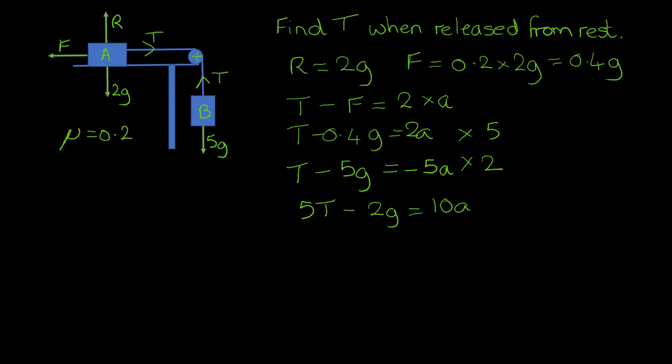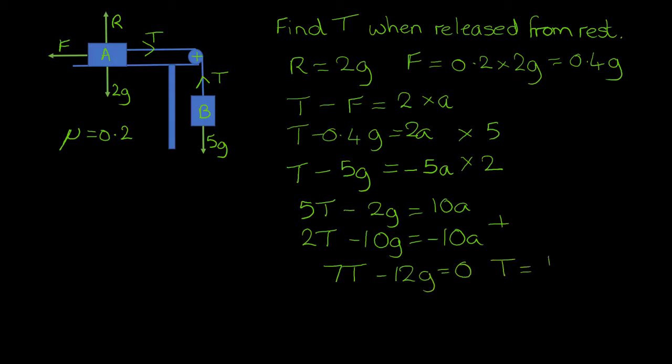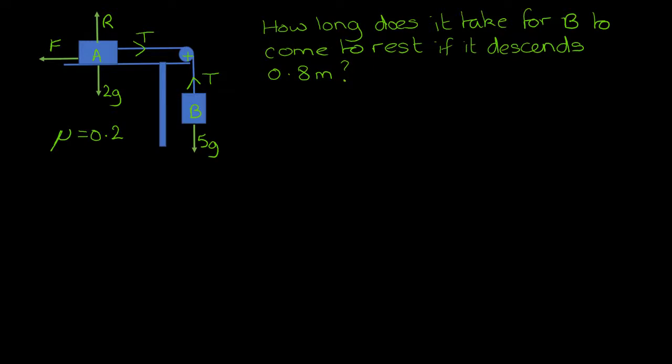Multiplying the second one by 2, we're going to get 2t minus 10g equals minus 10a, and then adding those together, we're going to get 7t minus 12g equals 0. So t equals 12g over 7, which is 16.8 newtons.